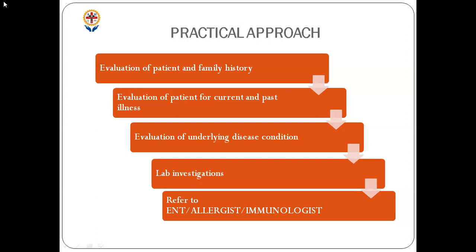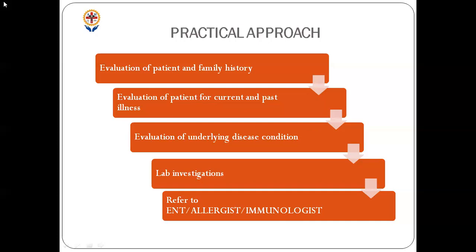If the child has a DNS or any anatomical problems, you need an ENT referral. When will you refer a child to an allergist? If the child is having severe symptoms and you are not able to manage the child with your pharmacotherapy, your medication, then you can refer the child to the allergist.